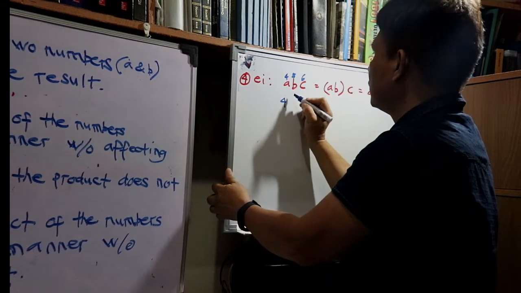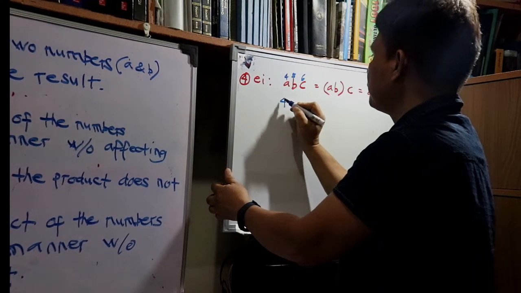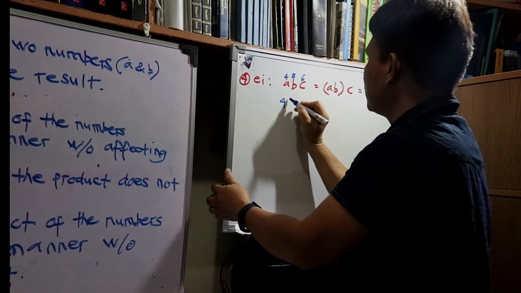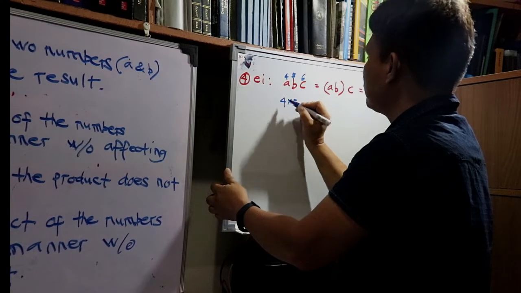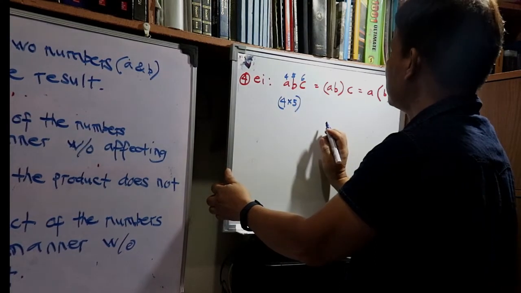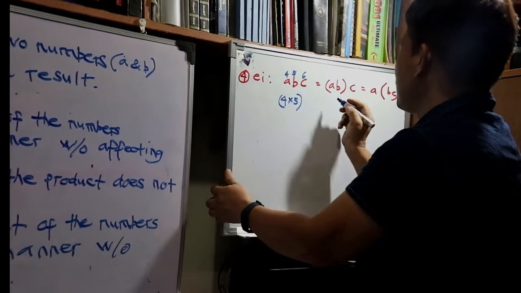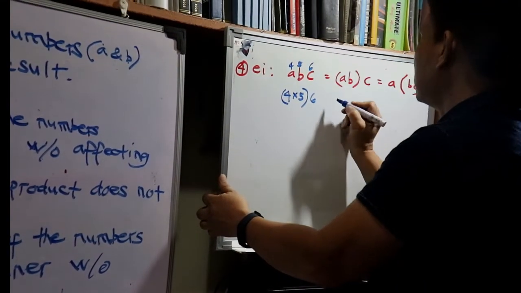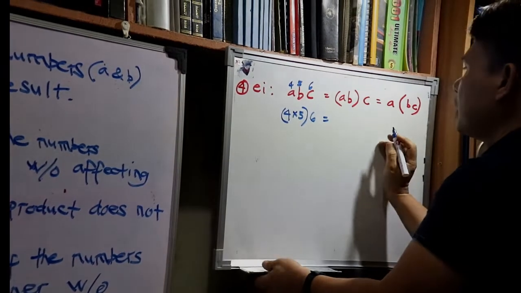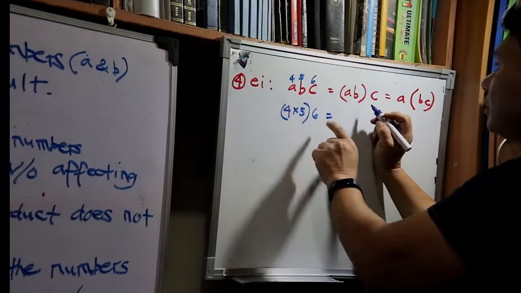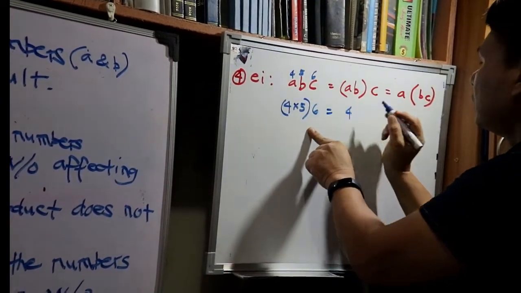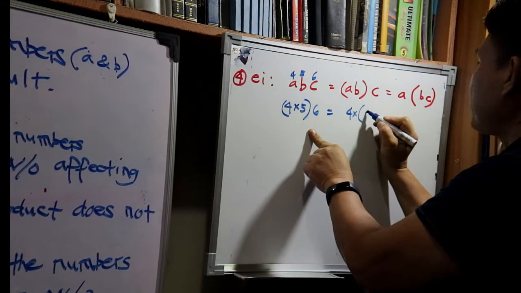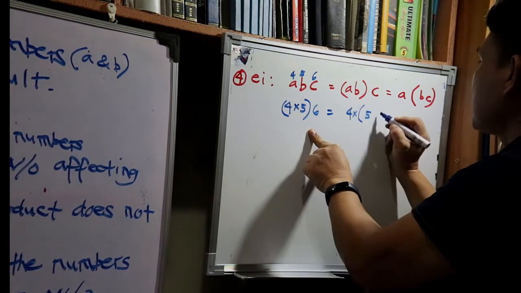B is 5 and C is 6. We say here 4 times 5 times 6.